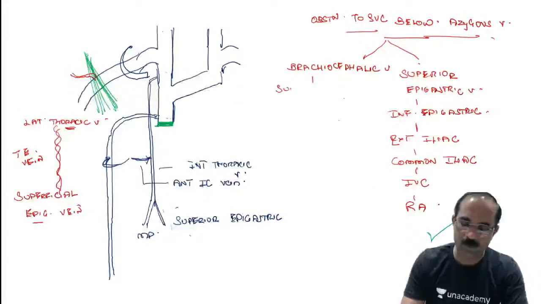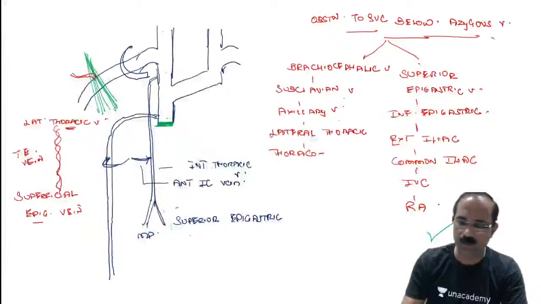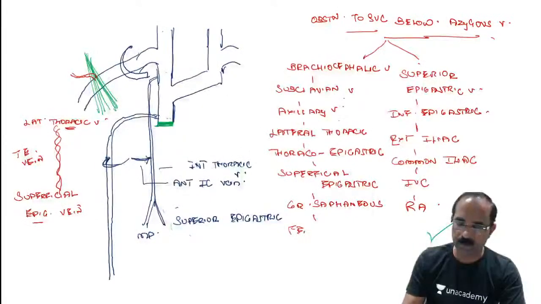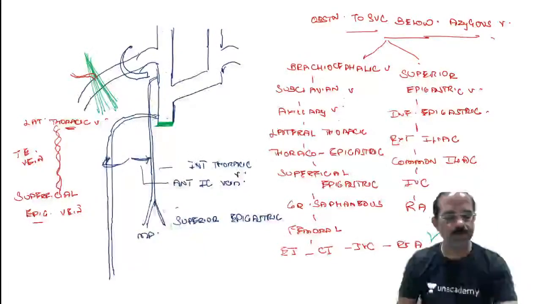Brachiocephalic vein, subclavian vein, axillary vein, lateral thoracic, thoracoepigastric, superficial epigastric, great saphenous, femoral, external iliac, common iliac, IVC and right atrium.